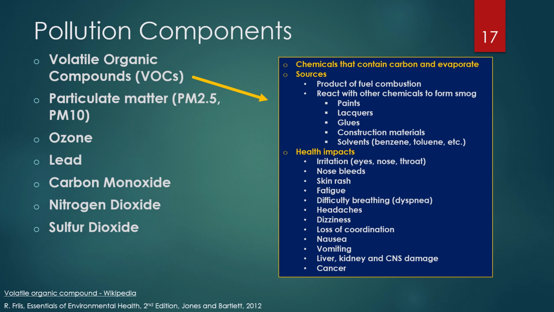Health effects include irritation of the eyes, nose and throat, nosebleeds, skin rash, fatigue, difficulty breathing or dyspnea, headache, dizziness, loss of coordination, nausea, vomiting, and liver, kidney, and central nervous system damage. Some VOCs are suspected or known to cause cancer in humans.